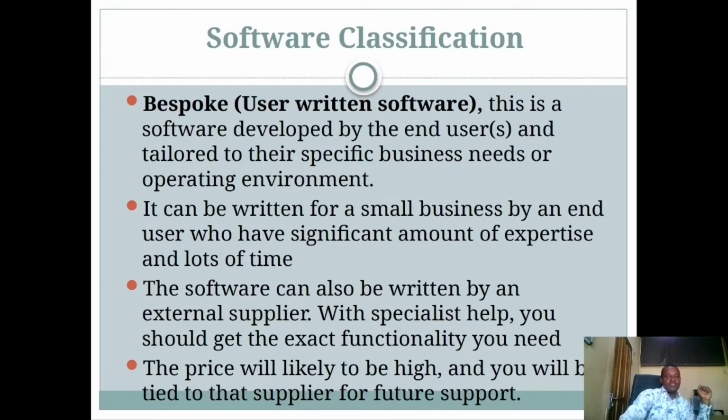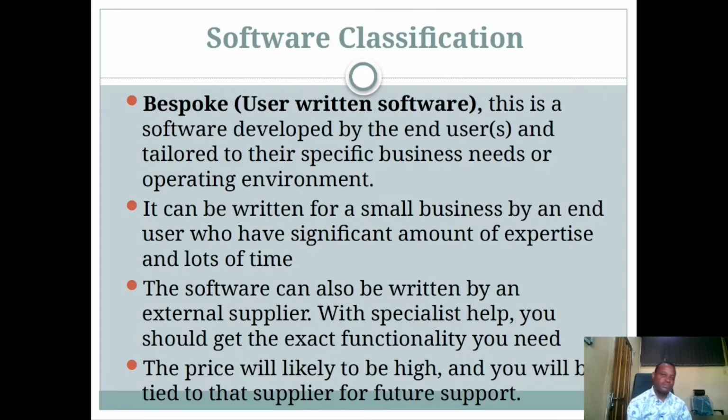Now, bespoke software is a software that is developed by the end user and tailored to their specific business needs or operating environment. This software is developed by the end user, remember, and is tailored to their specific what? Business needs or operating environment.